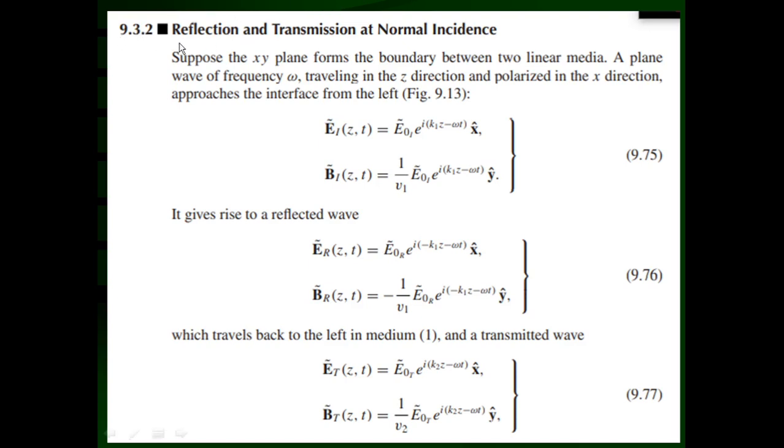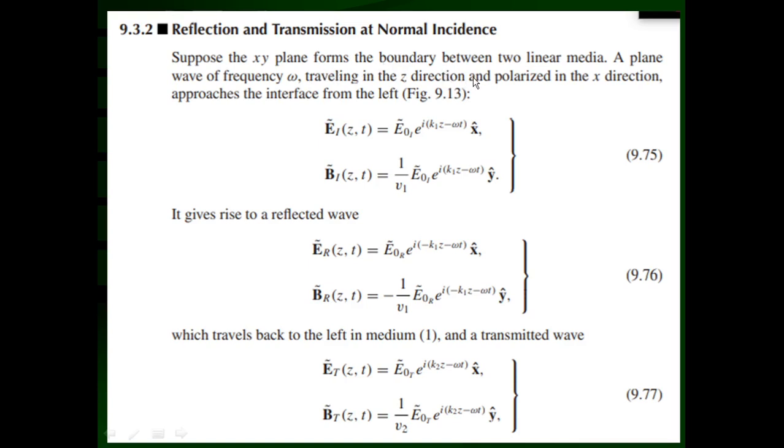In 9.3.2, reflection and transmission at normal incidence. That is, electromagnetic waves are propagating at a normal angle of incidence, perpendicular. Suppose the xy plane forms the boundary between the two linear media.